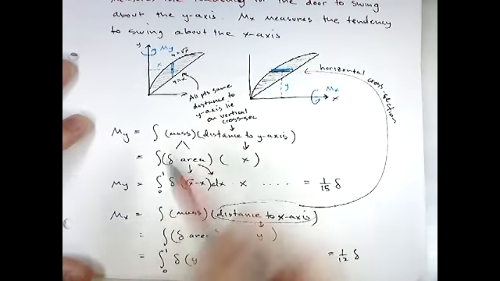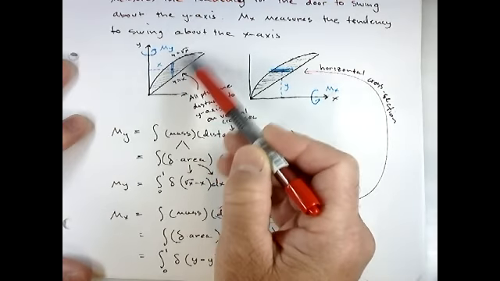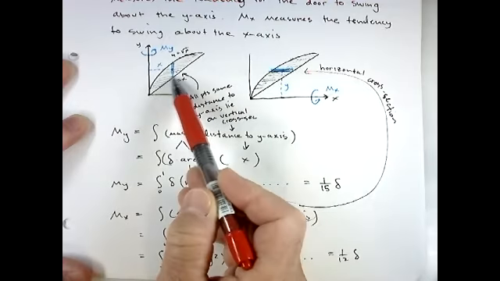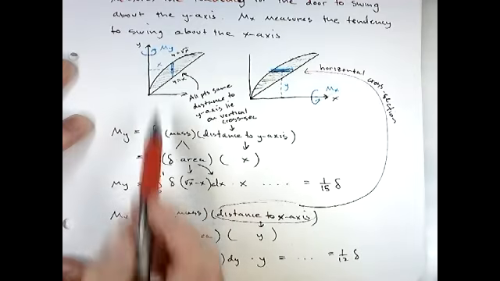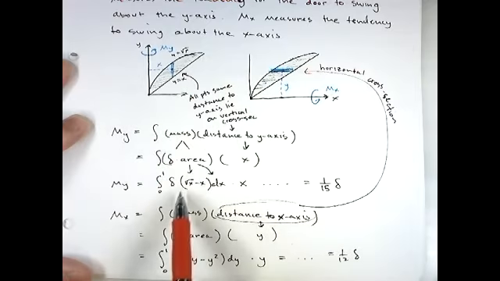So to find the area, I would do top minus bottom, just like we were doing area, root x minus x, technically times dx right here for the area of that thin strip, and then distance to the y-axis would be x. And you would integrate this throughout the region from x equals 0 to x equals 1, which is where they intersect.